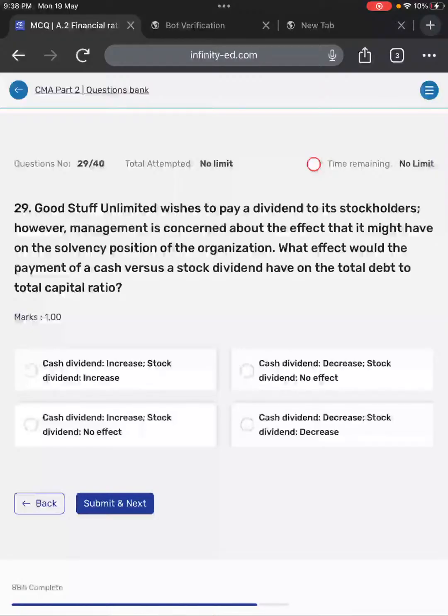Cash dividend versus stock dividend. Cash dividend means we are paying cash through our reserve and surplus to the shareholder. Okay, and stock dividend means we are paying dividend instead of cash. It means their shareholding will increase.